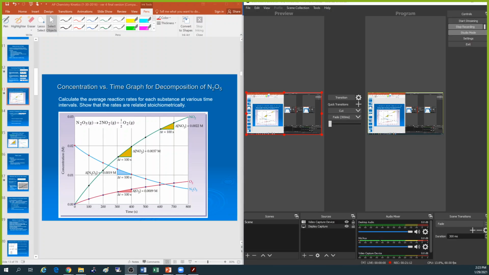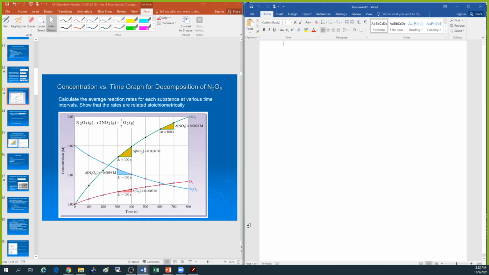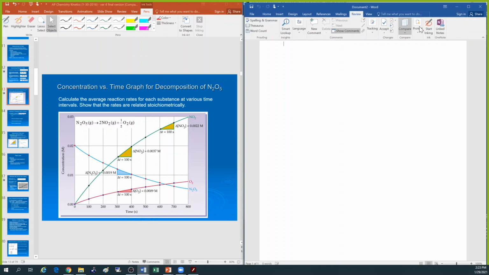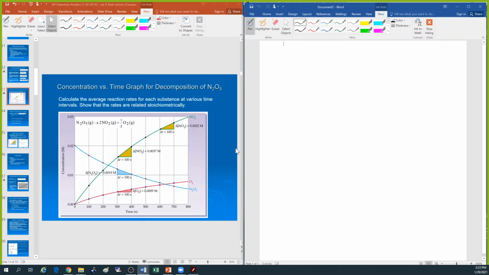But what I wanted to ask you was, and of course I keep losing my click here, sorry, could you tell me from the graph alone which ones are reactants and which ones are products? And what are you looking at to tell me that? So looking at the graph, how do you know what the reactants and the products are?